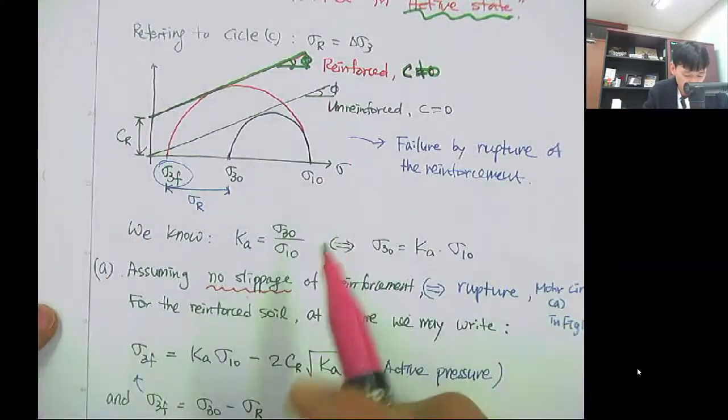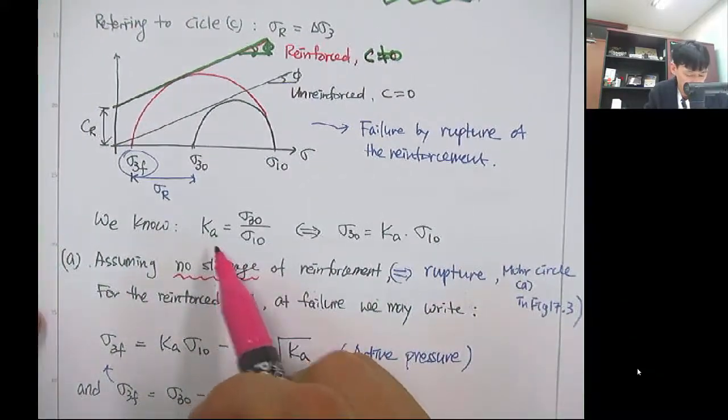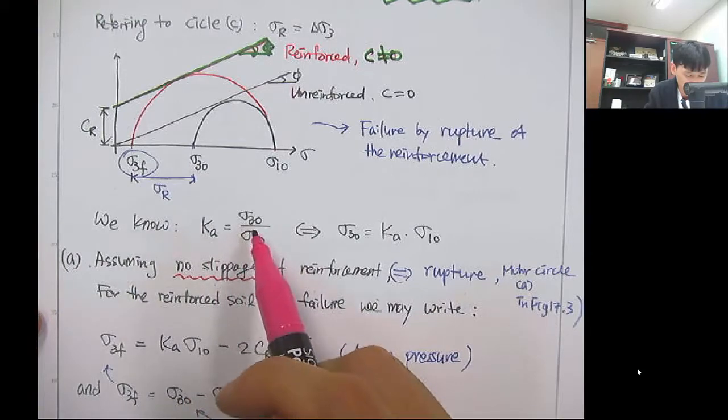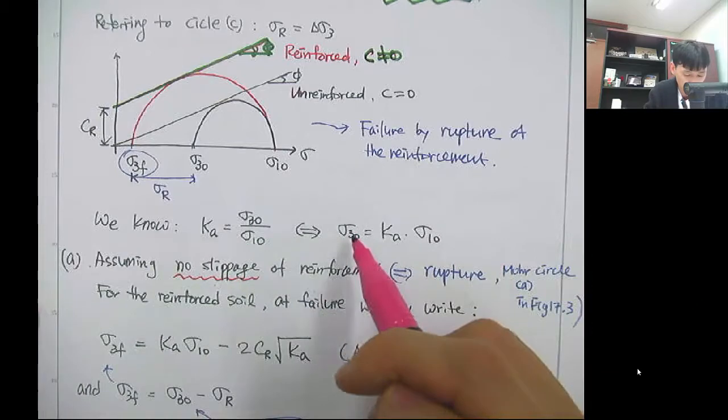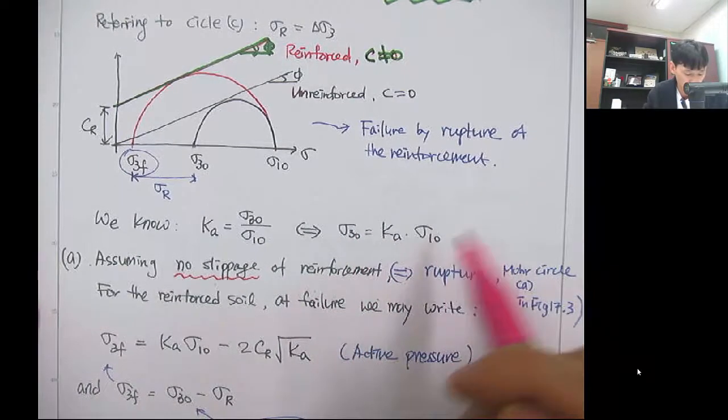In this case, we know that the lateral pressure coefficient Ka is sigma 3 naught over sigma 1 naught. So sigma 3 naught is equal to Ka times sigma 1 naught.